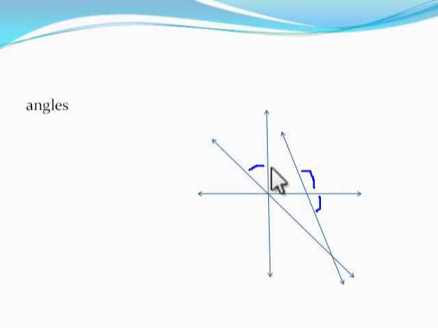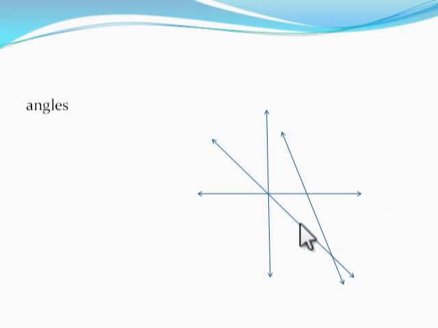This one. And if I go through that other line and say this big one, they are supplementary. Not three angles, but this angle here and this one. Those two angles are adjacent and they're supplementary. Now, can you find some that are vertical? Vertical angles.